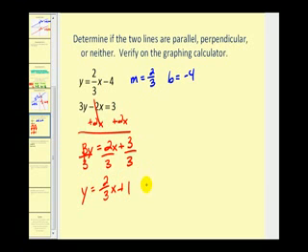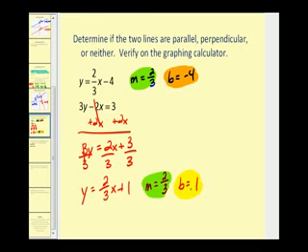Well, the slope of this line is equal to 2/3 as well, and the y-intercept is equal to 1. So notice that the slopes are the same, which means they will be parallel as long as the y-intercepts are different, and the y-intercepts are different. This y-intercept is negative 4, and this y-intercept is positive 1, so the lines are parallel.